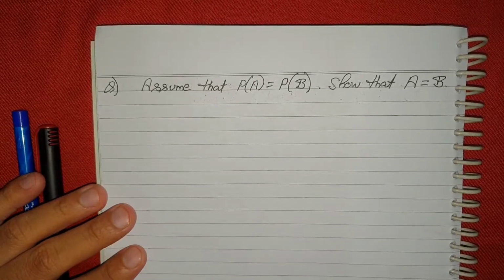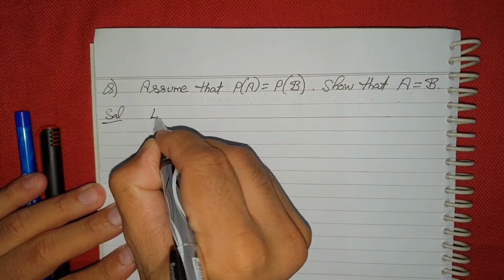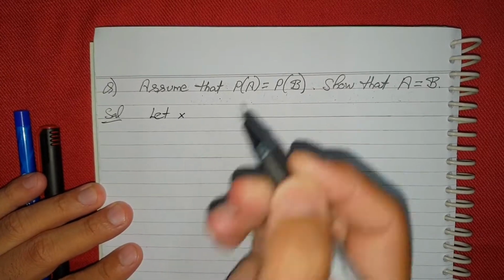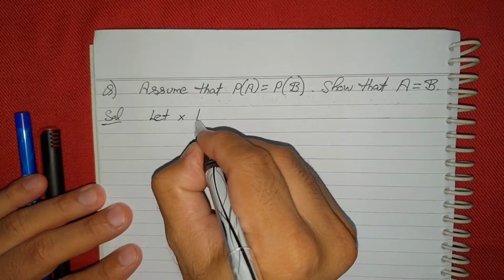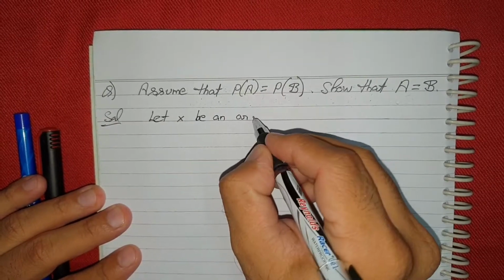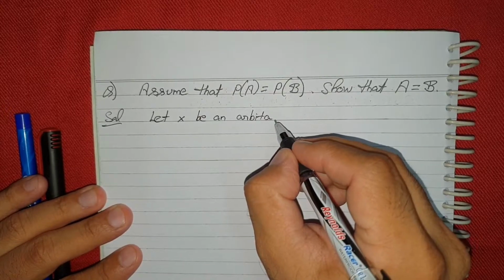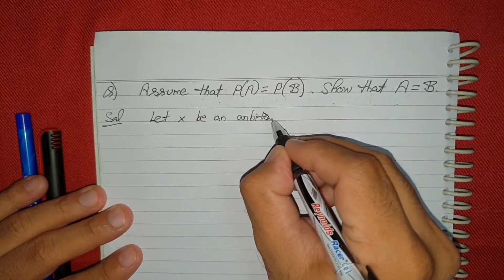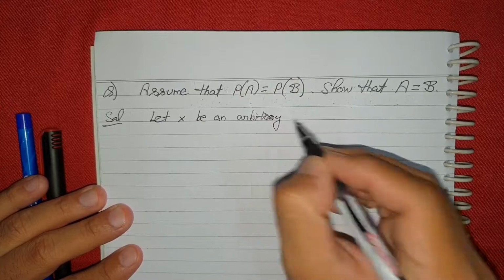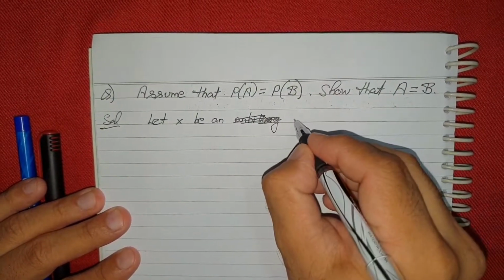So our solution starts with: let x, small x, be an arbitrary element of A. I'm sorry, I will write this again.